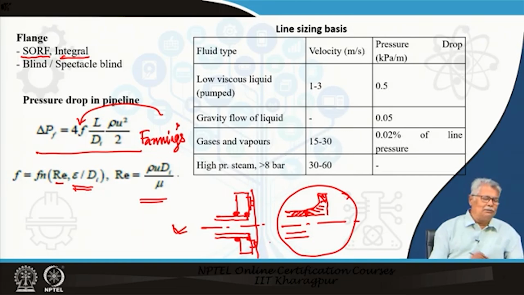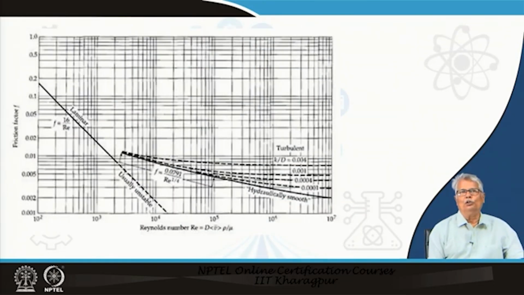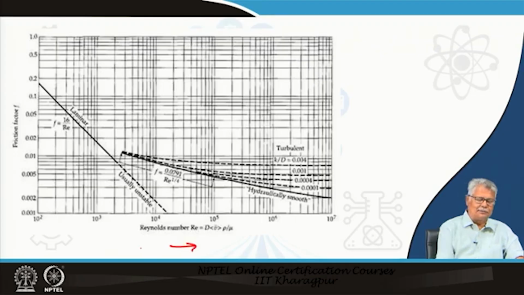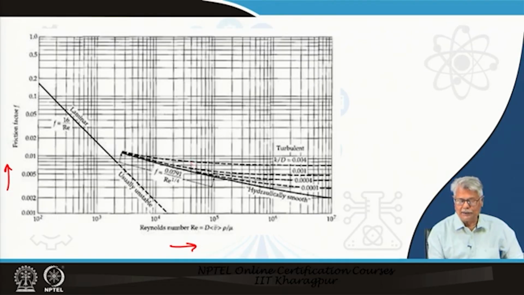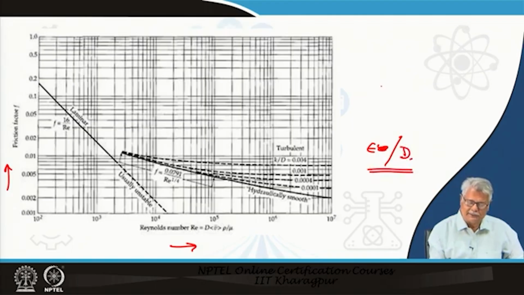What I assume right now is that you all know about this friction factor chart, where you have the Reynolds number on the x axis, and the small f. In your turbulent zone you have different values of k by d, which is the same as epsilon by d, where d is the inside diameter.